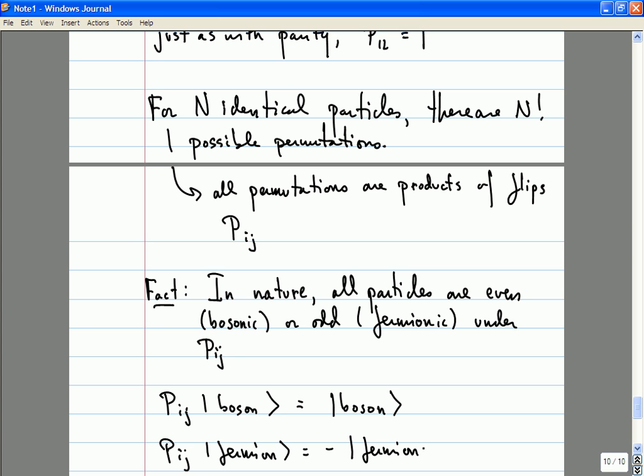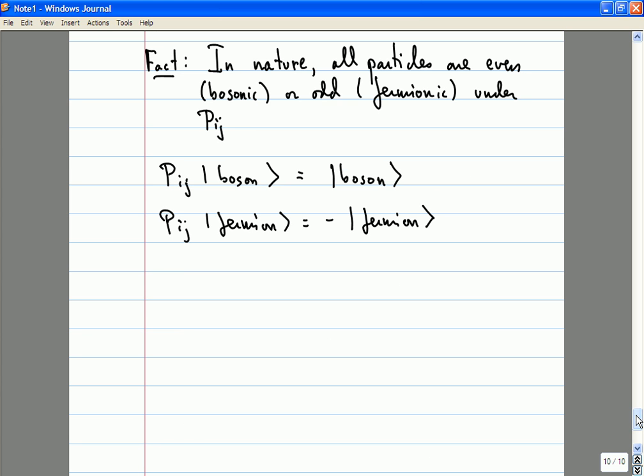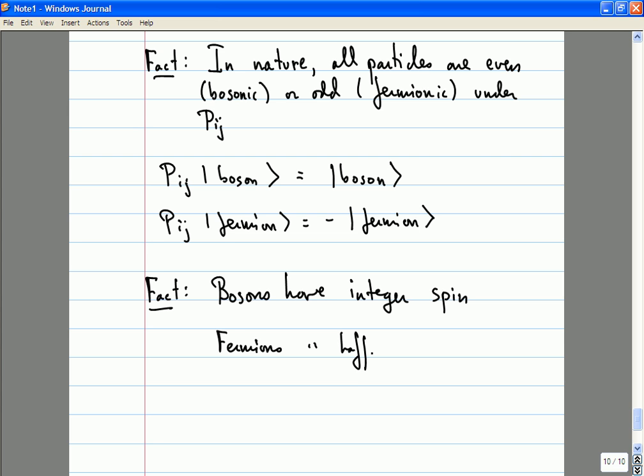Okay. And it is a second fact, and an incredibly interesting and highly non-trivial fact, that bosons have integer spin and fermions have half-integer spin.